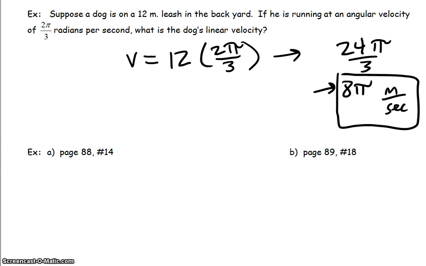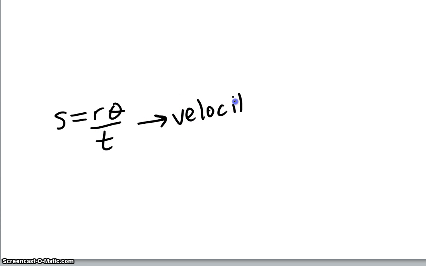Now these two I will talk about in class, but the idea is that if we take a formula for arc length and divide it by time, we get velocity, which is how fast a point is traveling around an arc, particularly linearly.